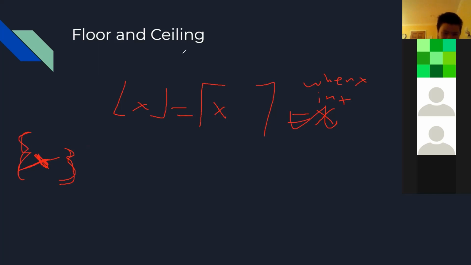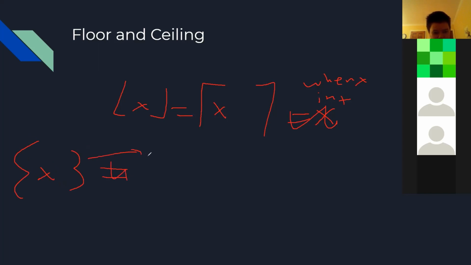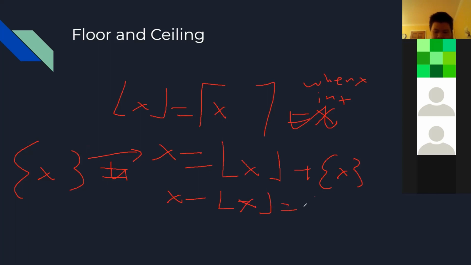I'm not really drawing the brackets well, but the fractional part of X is the part of X after the integer. Its formal definition, which isn't something you should remember it by, but as a sort of last resort, is that X equals floor X plus fractional X, or that fractional X is X minus floor X.